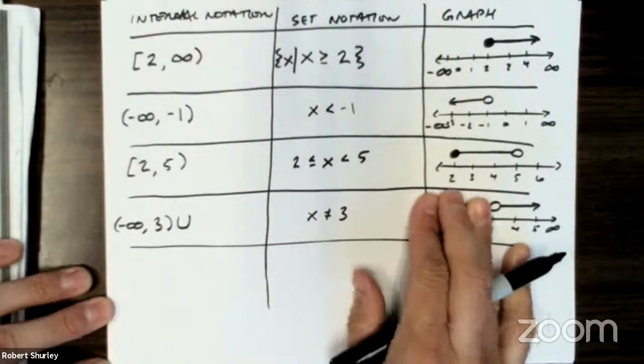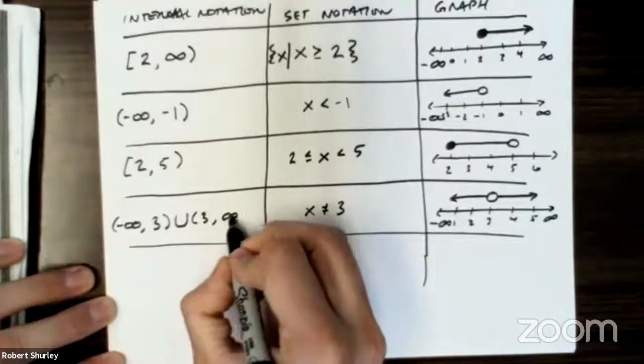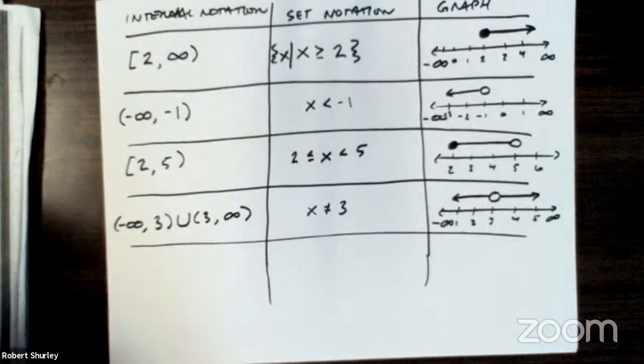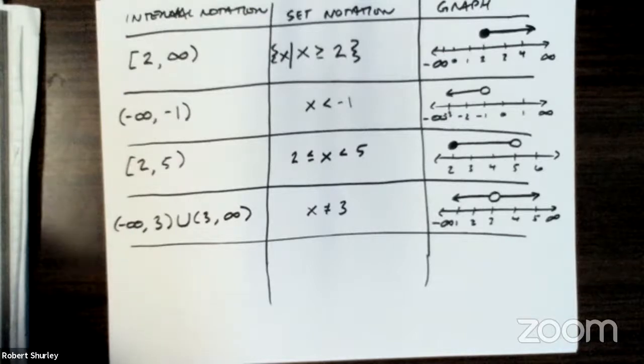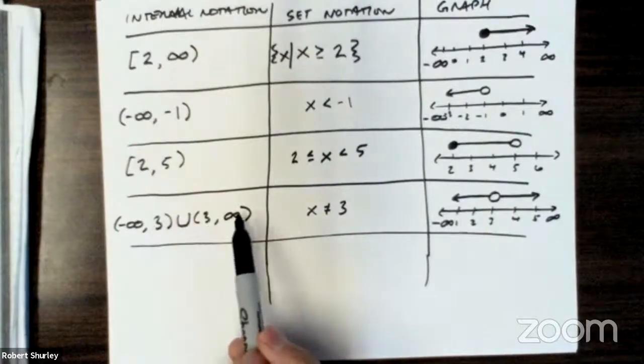So the next closest interval would be 3 to infinity. Okay? So negative infinity to 3 and then 3 to infinity.